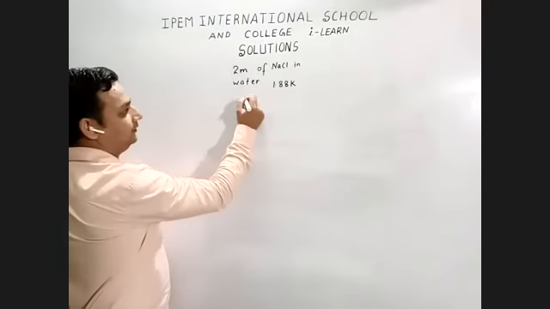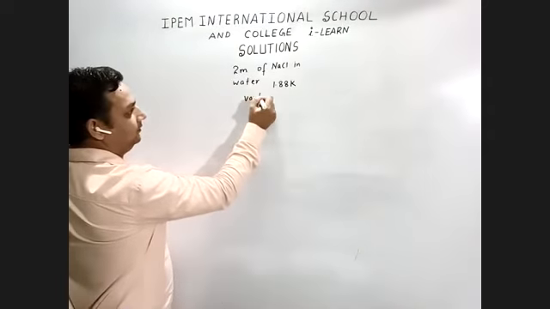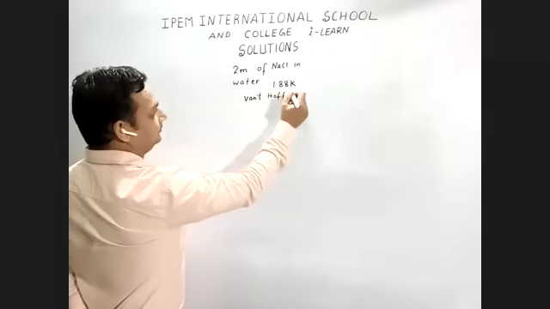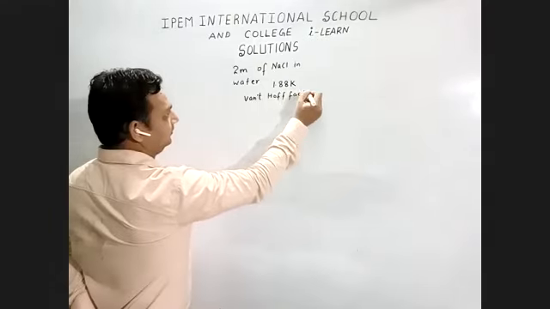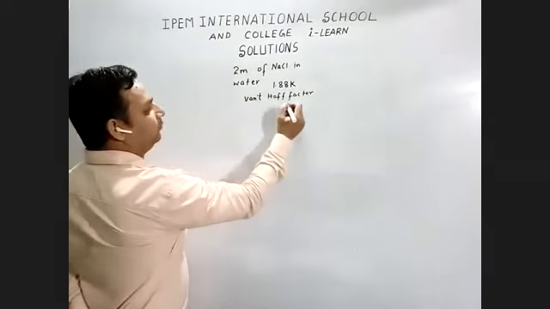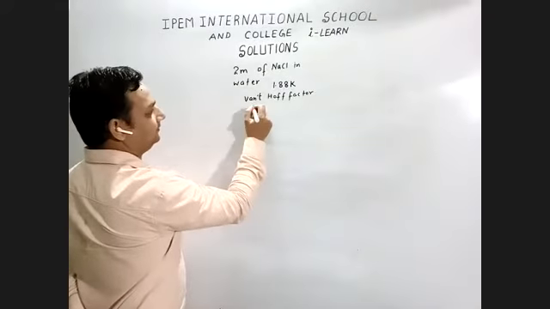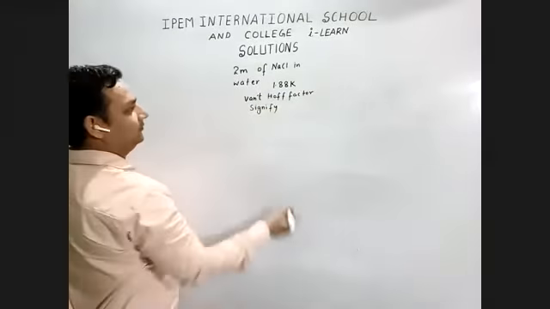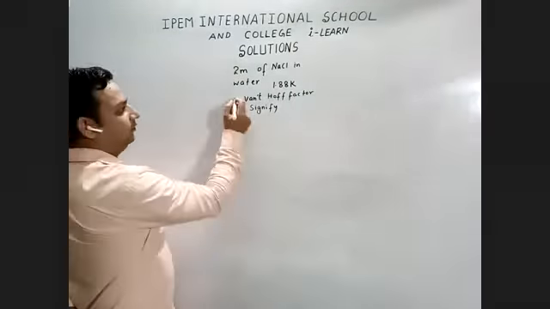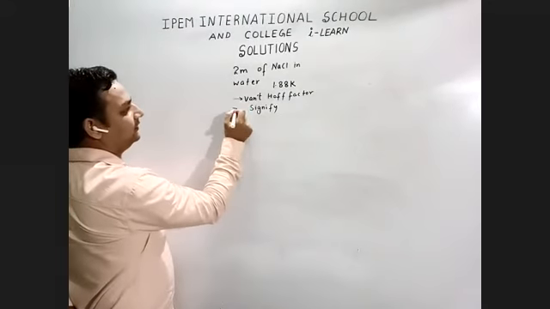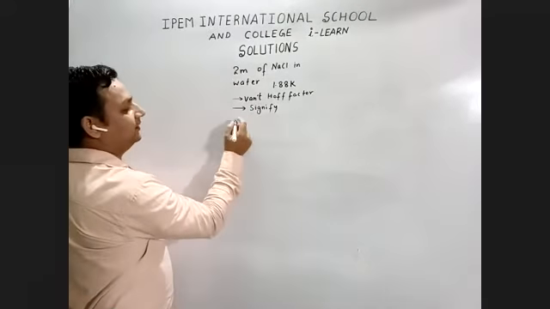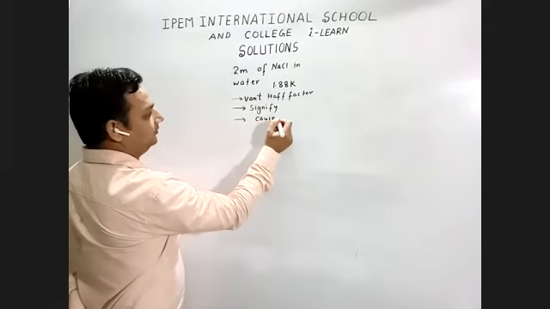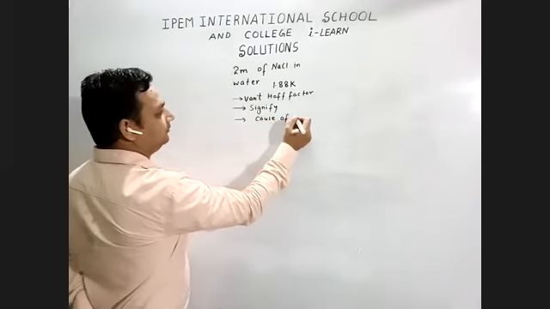What is the value of the Van 't Hoff factor and what does it signify? What is the cause of this value?